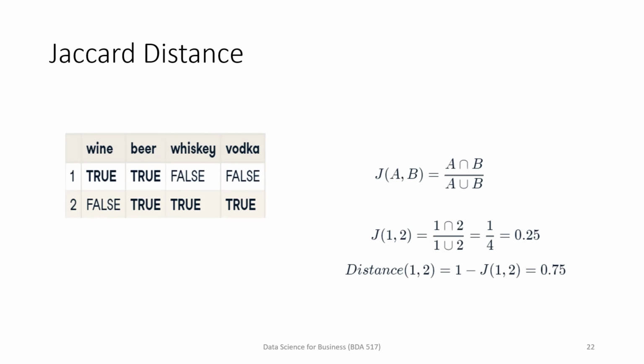So what we are saying is that the intersection between A and B, the distance between A and B, is in the formula there. So here, 1 and 2 is the same as A and B. The intersection between this and this is when both of them are true. Let's see the first one. Wine and wine: true and false.